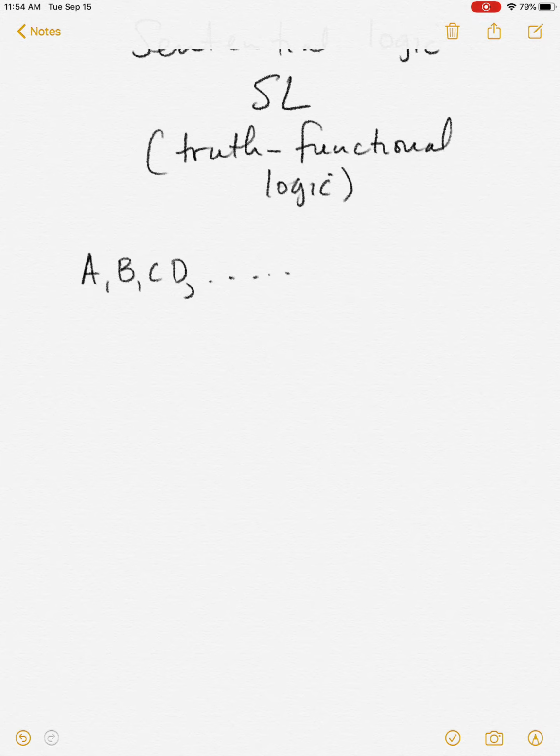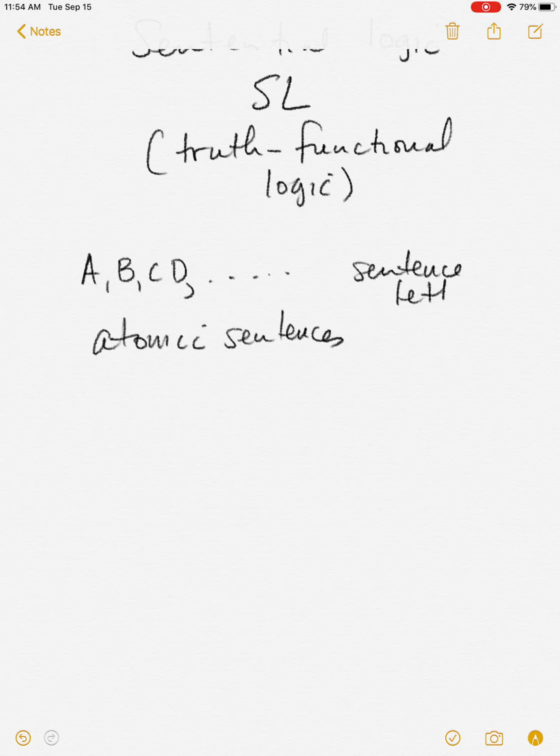Okay, so sentences of SL, as I said, are either atomic sentences, and these are atomic sentence letters, right? So an atomic sentence is just going to be a sentence letter, or molecular sentences.